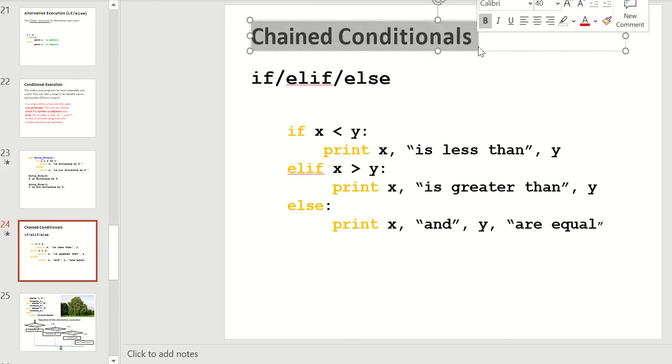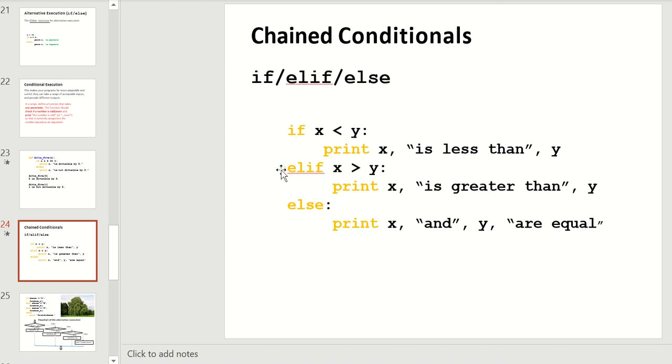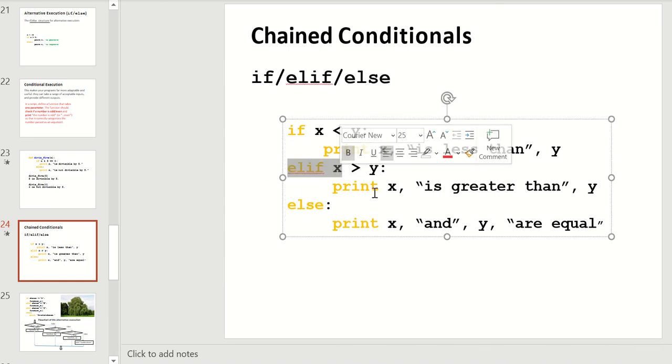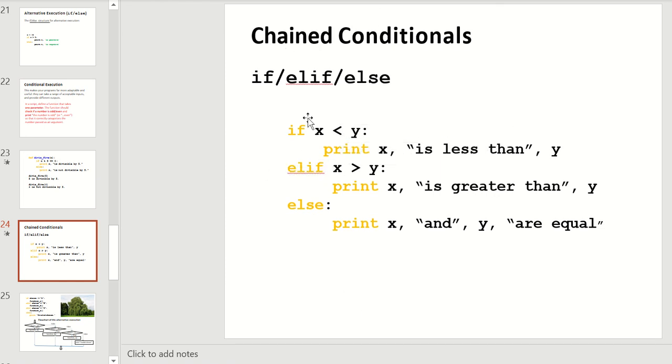This slide is also called chained conditionals. If you use elif, when you type out these different alternatives, these different branches as they're called, they're all vertically aligned at the same inset or tab level, and you read right down.